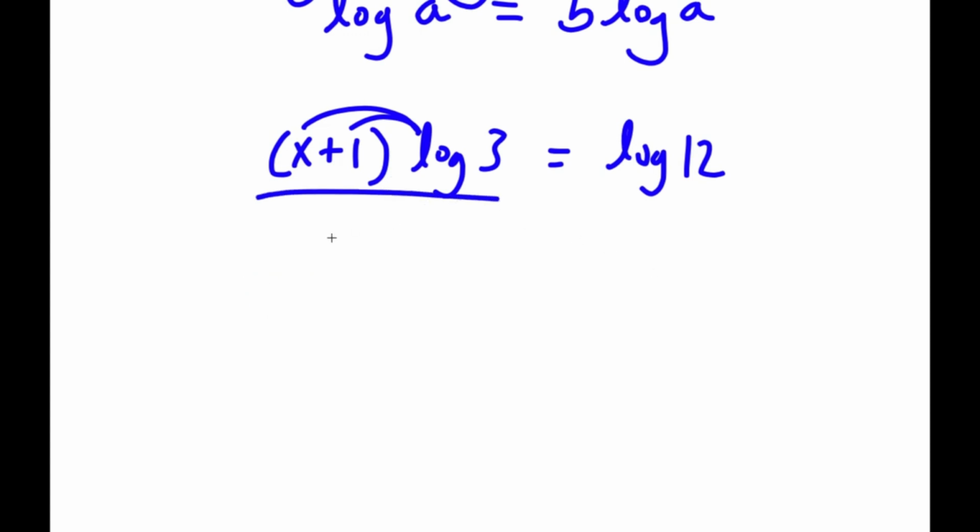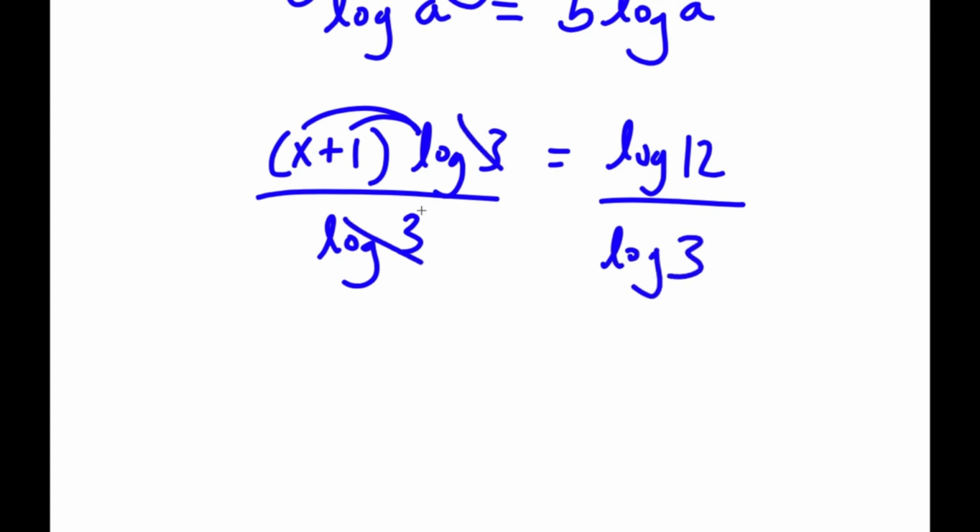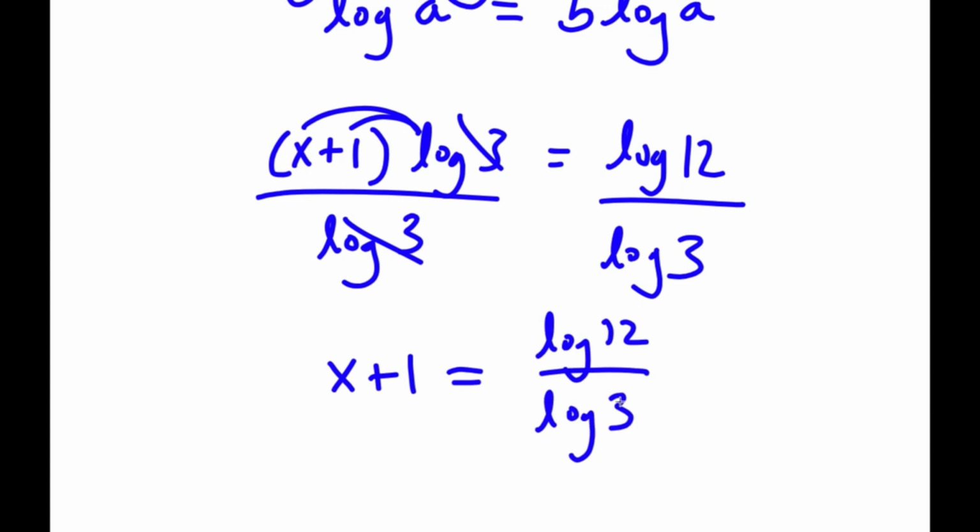I'm actually going to divide by log 3 on both sides. So then these two cancel out, and I'll be left with x plus 1 is equal to log 12 over log 3. So now I'm going to go ahead and find the value of log 12 over log 3.